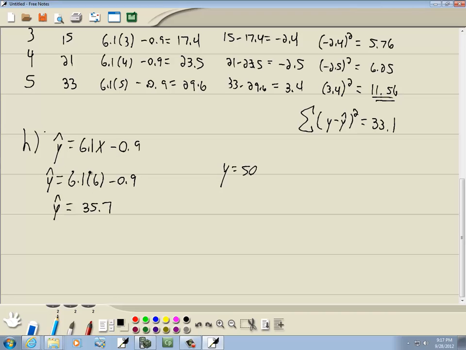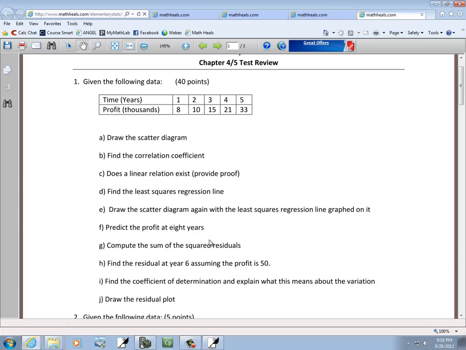Okay. Now residual is y minus y-hat. So we're going to take 50, this value right here, minus the 35.7. It gives us 14.3. So that'd be our residual. Remember, residual is like your error.